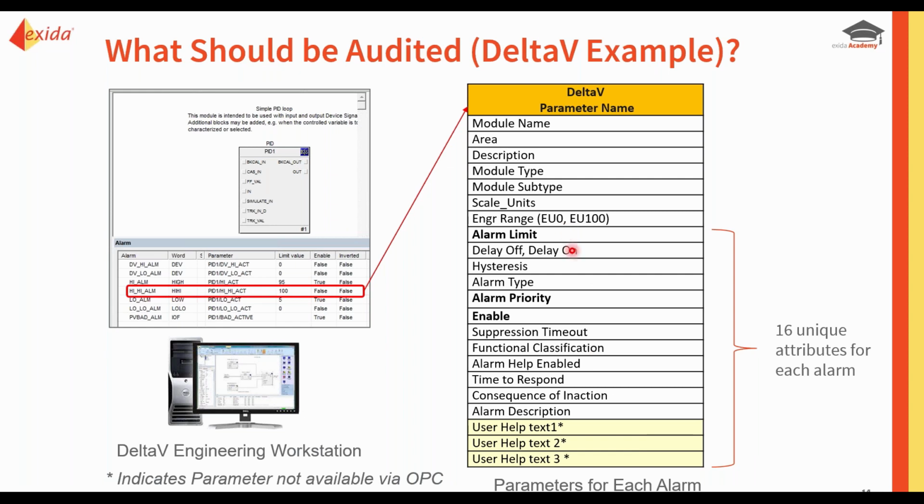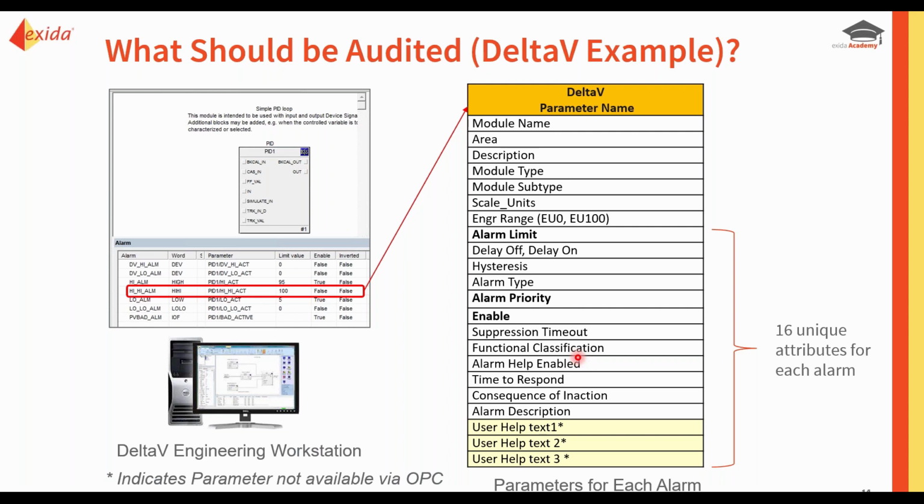So how do we figure out which ones are most important, or should we audit all of them? Well, ideally, if you can audit all of them, that would be great. But some of the methodologies for auditing and enforcement require you to prioritize and pick the most important ones. So what are the most important attributes to audit?